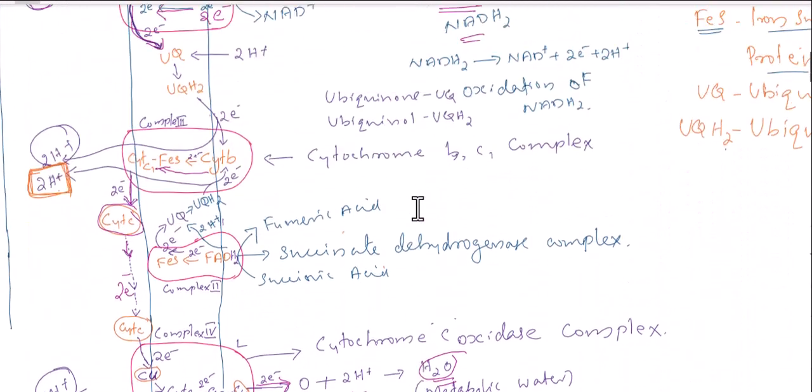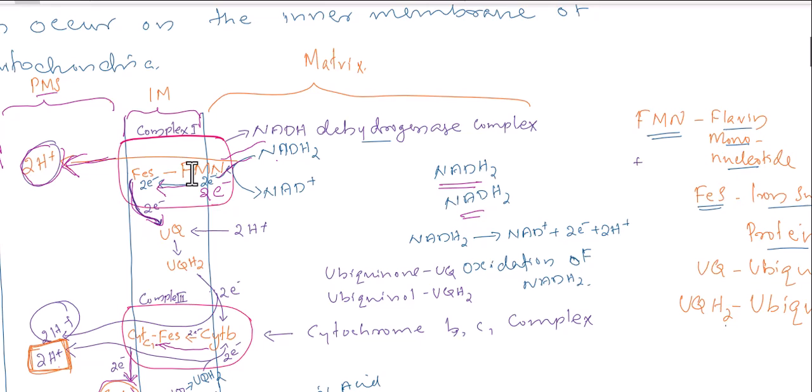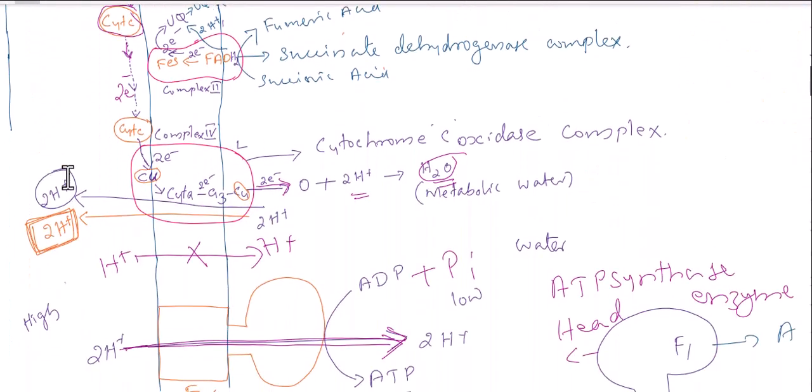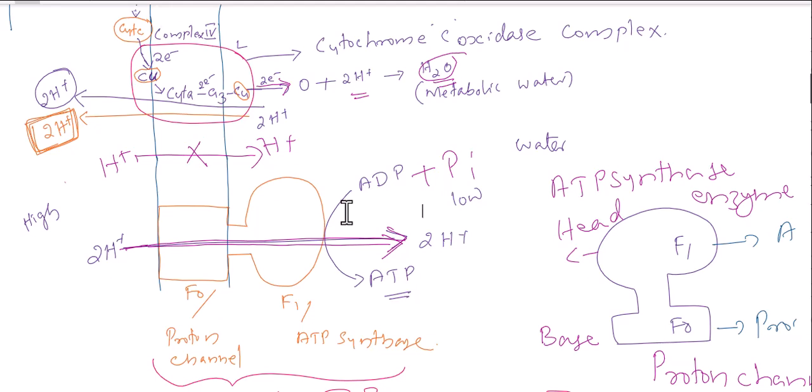As a result of the oxidation of NADH2, how many? 3 pairs of hydrogen ions: one pair here, here again, and here again. 3 pairs of hydrogen ions are pumped from the inner space to the outer space. So that can lead to the formation of 3 ATP. So 1 NADH2 can lead to the formation of 3 ATP.